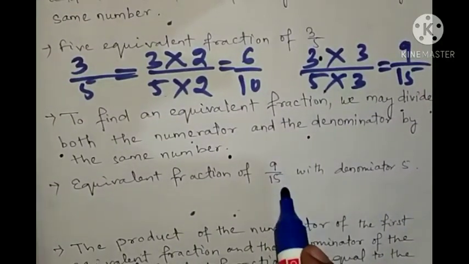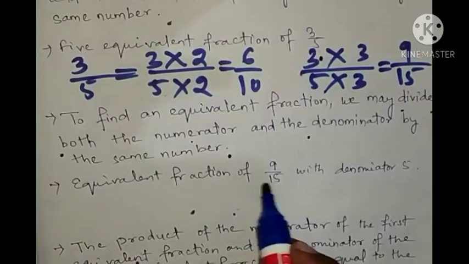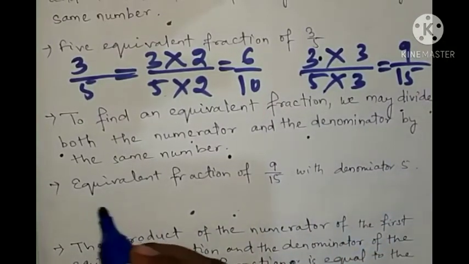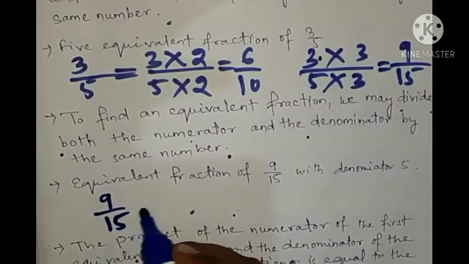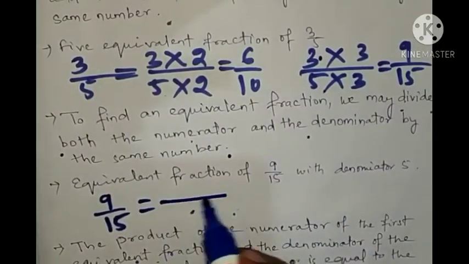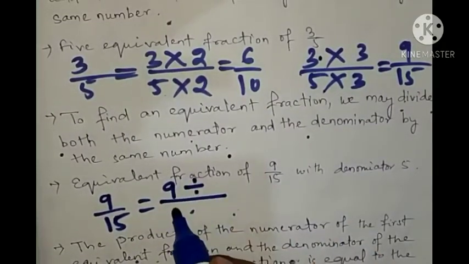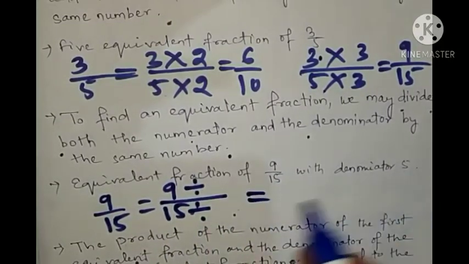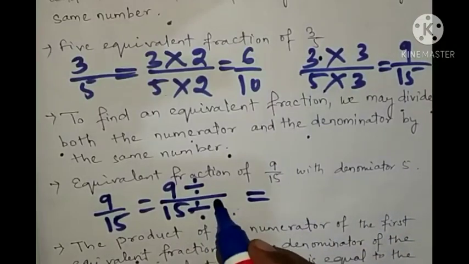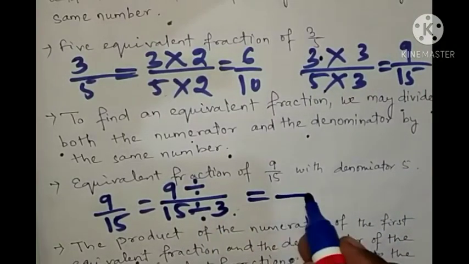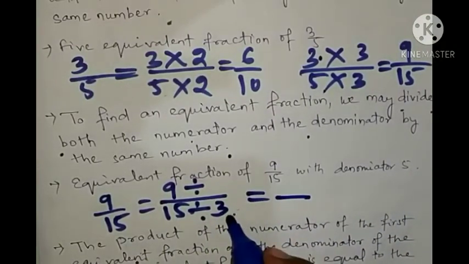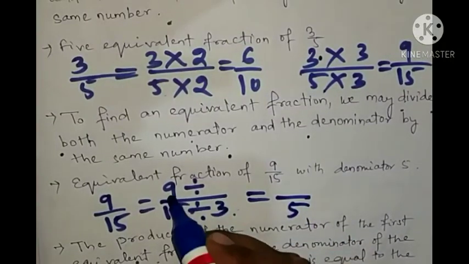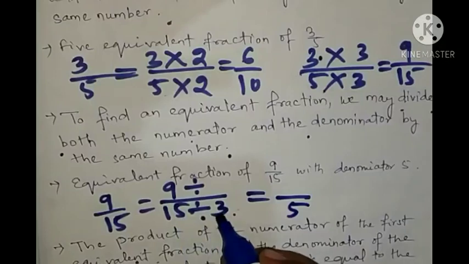So look here, 9 by 15. Find the equivalent fraction of 9 by 15 with denominator 5. So 9 by 15 is written. You have to divide by the same number. So how will you get denominator 5? By dividing by 3 you can get denominator 5. So 15 divided by 3 equals 5, you know. So you will divide both numerator and denominator by the equal number.